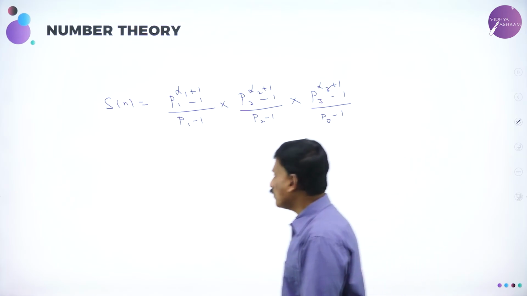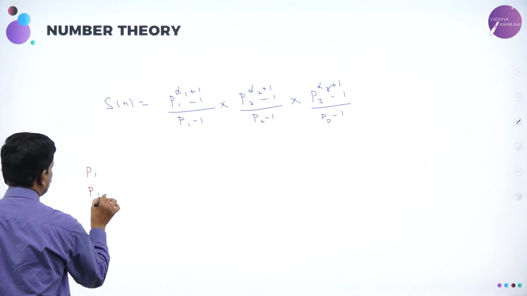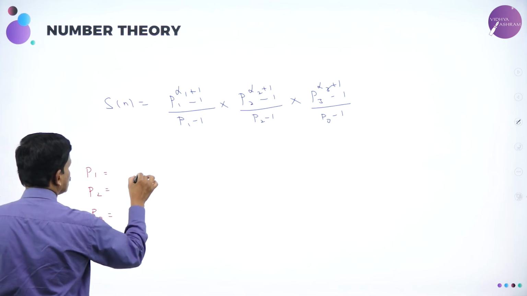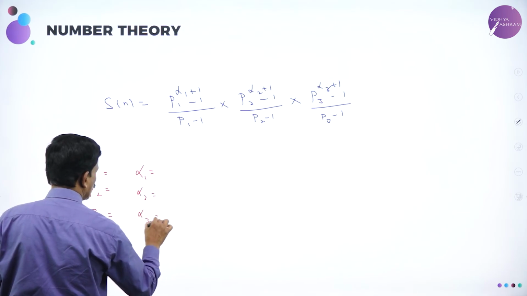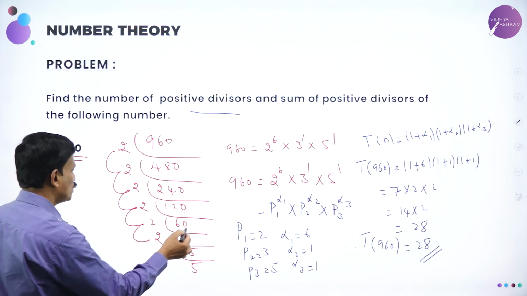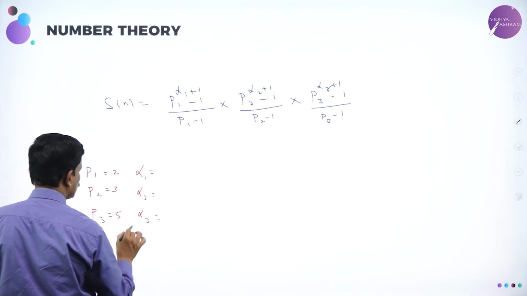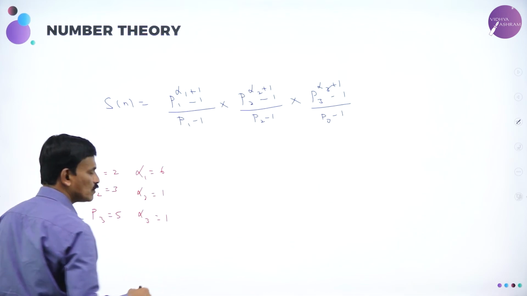Okay. Now write down the values of P1, P2, P3 and similarly alpha 1, alpha 2 and alpha 3. What is P1, P2, P3? 2, 3 and 5. Alpha 1 is 6, alpha 2 and alpha 3 are 1 and 1.